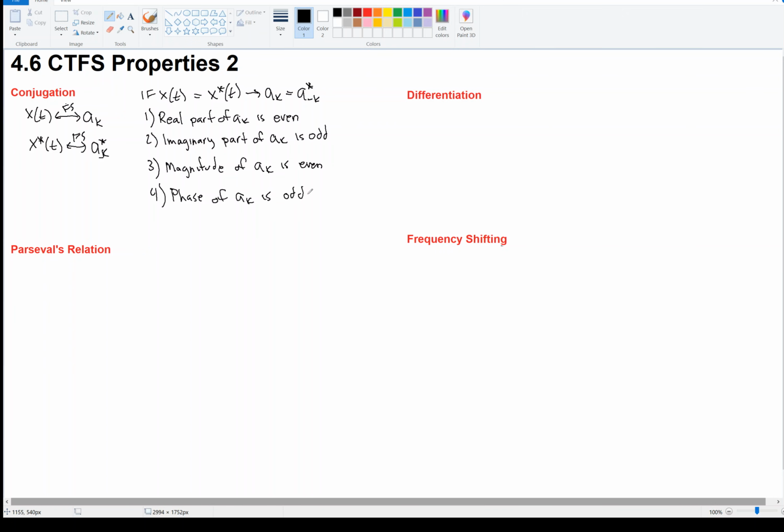So if I give you a homework problem or an exam problem where you're given a real x of t, then if you find the Fourier series coefficients and you plot the magnitude of them and you plot the phase, you should get an even plot for the magnitude and an odd plot for the phase, for example.